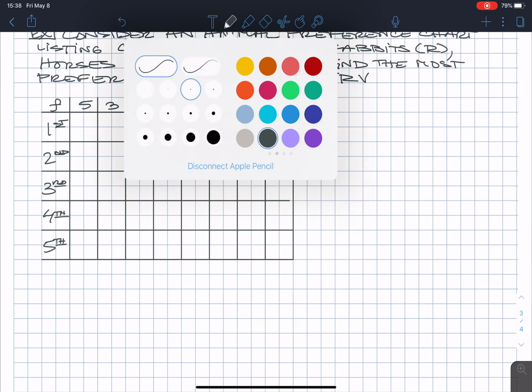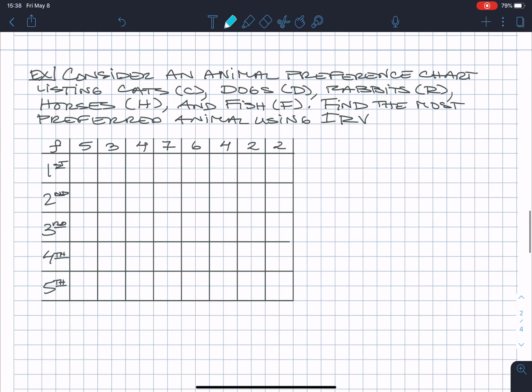The first column has cats first. The second column has cats second. The third column has cats second. The fourth column has cats first. The fifth column has cats third. The 6th column has cats 4th. The 7th column has cats 3rd. And the final column has cats last. So we'll do that for cats.